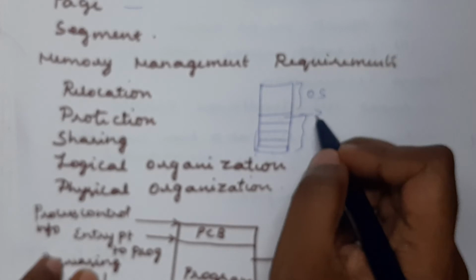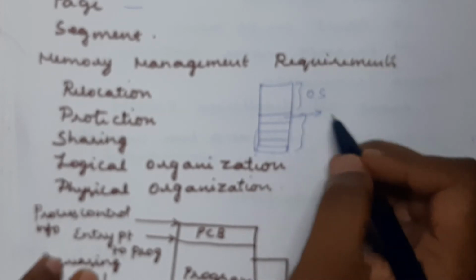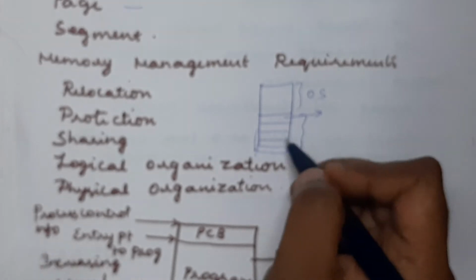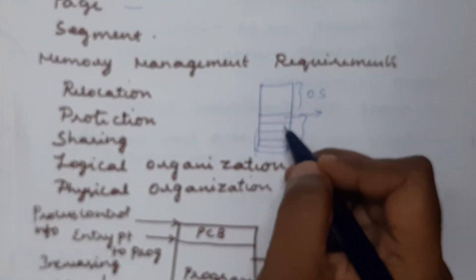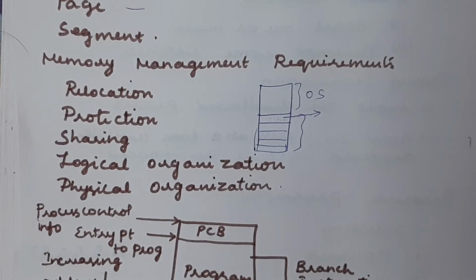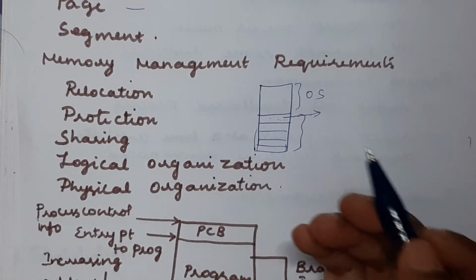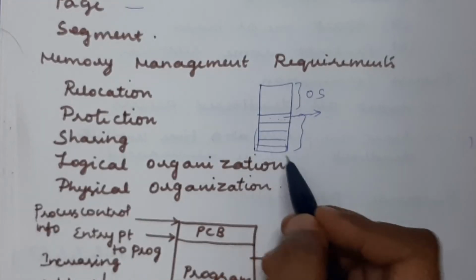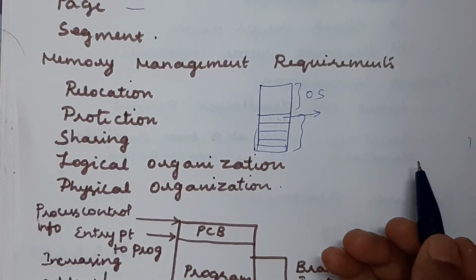Now this user program wants to swap. Which means what? Because of executing this process, he may need some other program also. He may need some other section of the same program, but that is not currently available in the main memory. It is available in secondary memory. What will he do?